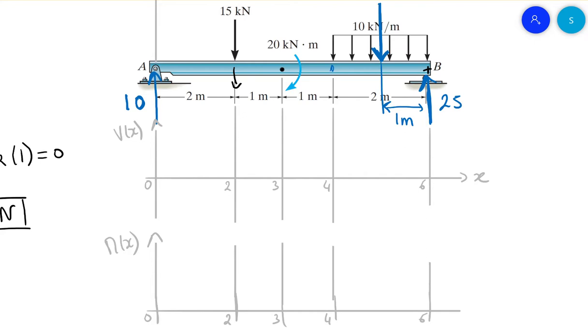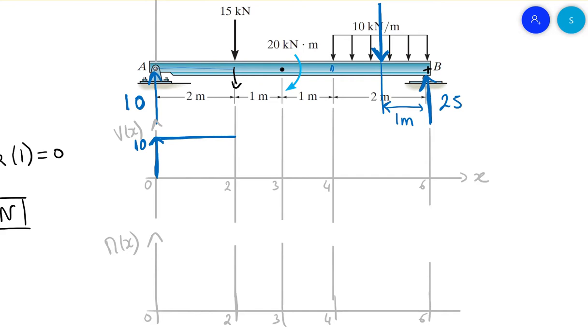For the shearing force, we have a 10. I will not solve for the internal force at every step, I will rather explain what happens with the load. After that, there's no shearing force applied, so the shearing force will be constant, equal to 10.